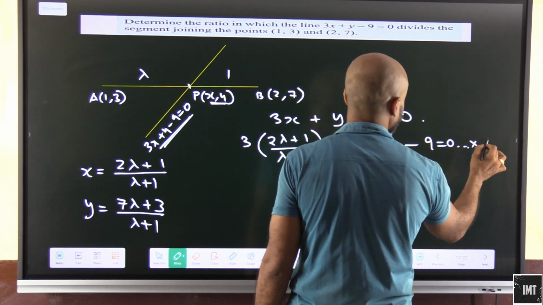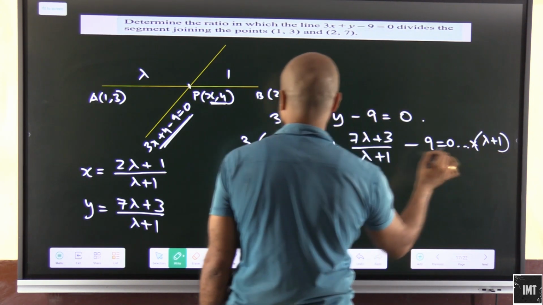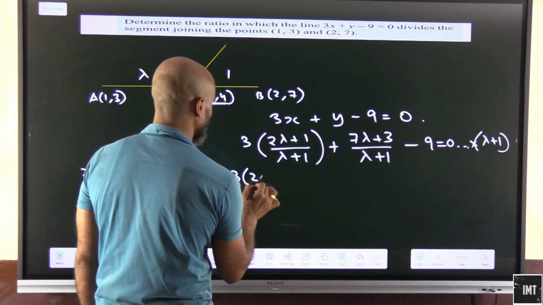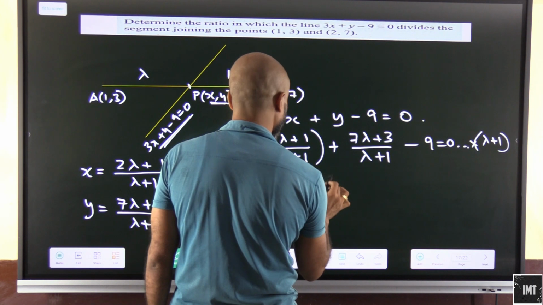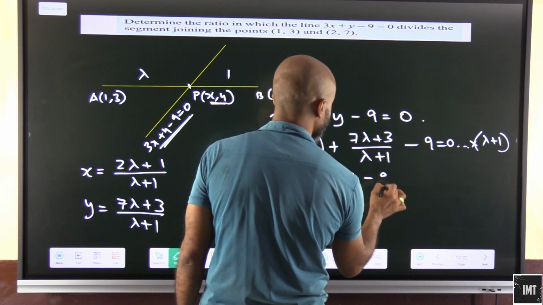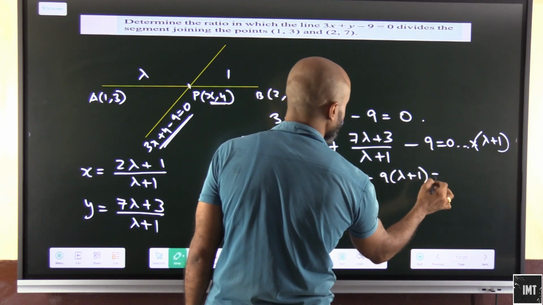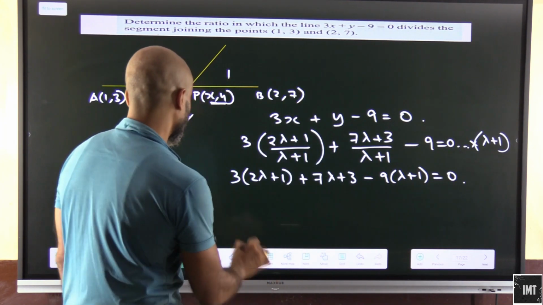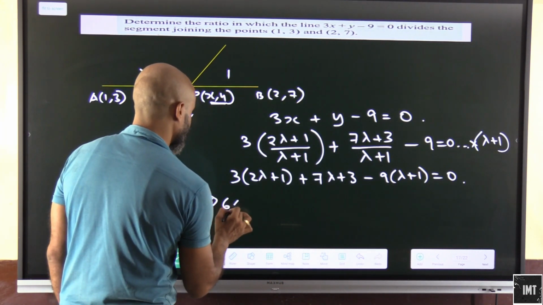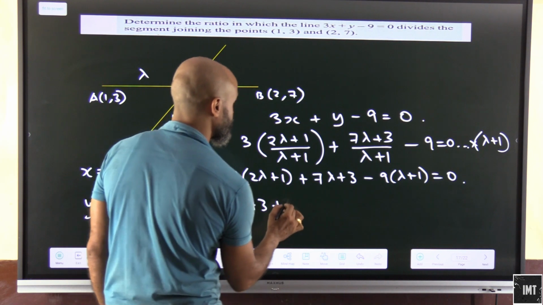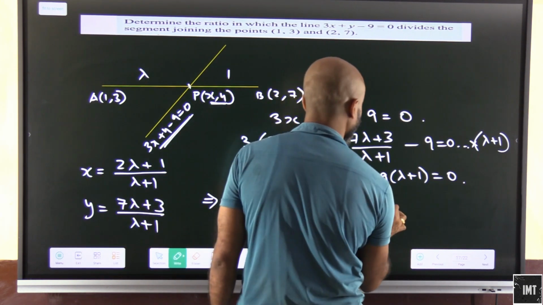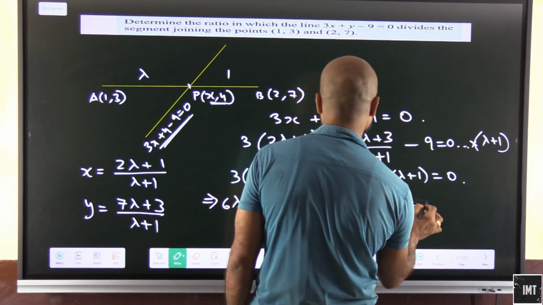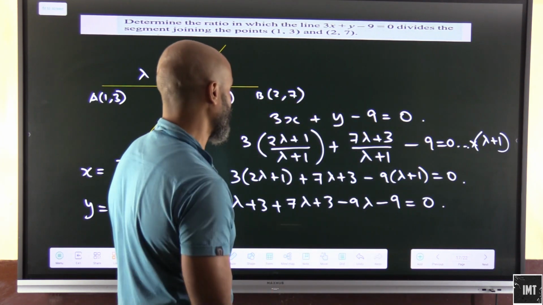We get this entire thing multiplied by lambda plus 1. So what we get here is 3 into (2 lambda plus 1) plus 7 lambda plus 3 minus 9 into (lambda plus 1) is equal to 0. So that gives us 6 lambda plus 3 plus 7 lambda plus 3 minus 9 lambda minus 9 is equal to 0.